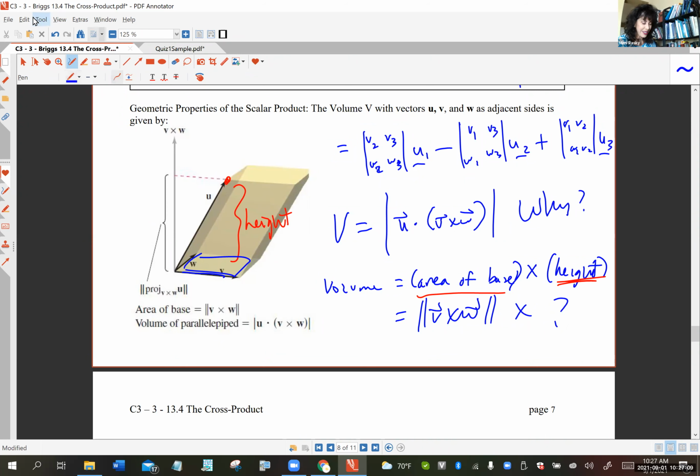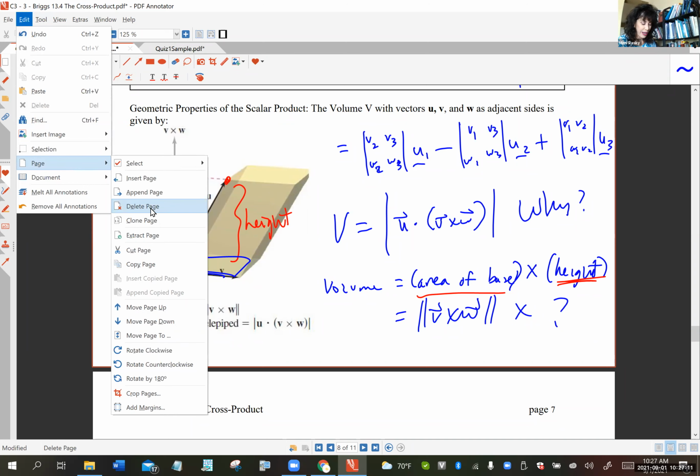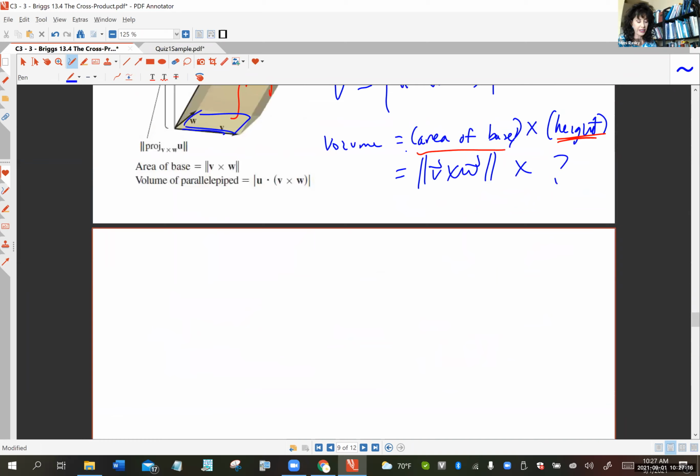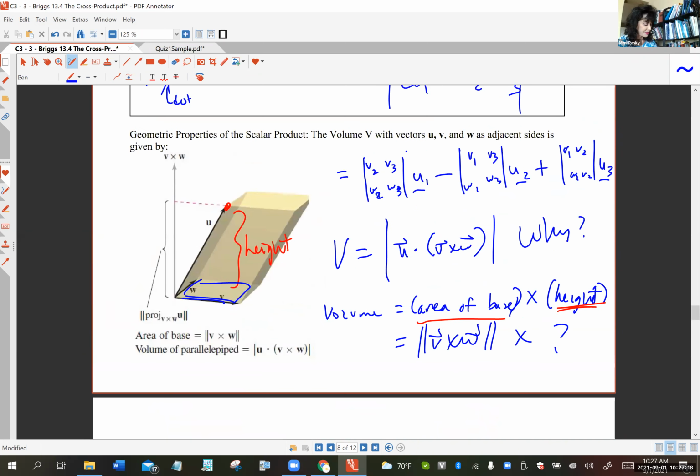Very carefully. Well, what do you mean? So I'm going to use some of our knowledge of projections from last time. So you have to kind of imagine some things here. If I did V cross W using the right-hand rule, it would be a vector, this vector here, that would be orthogonal to the base, essentially.